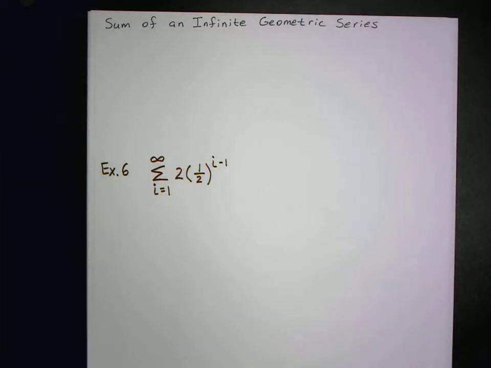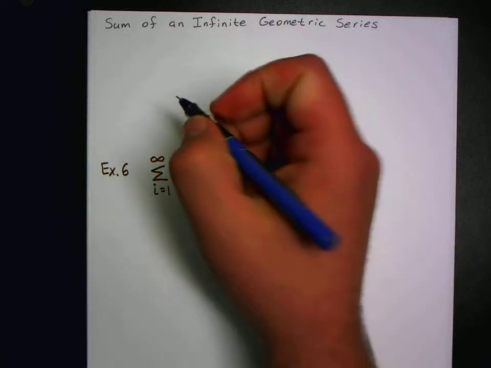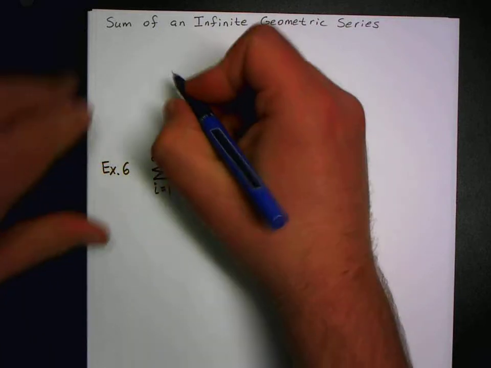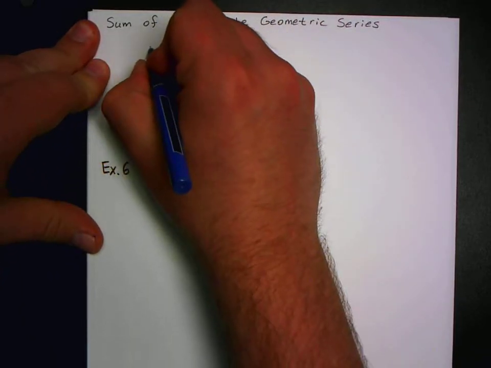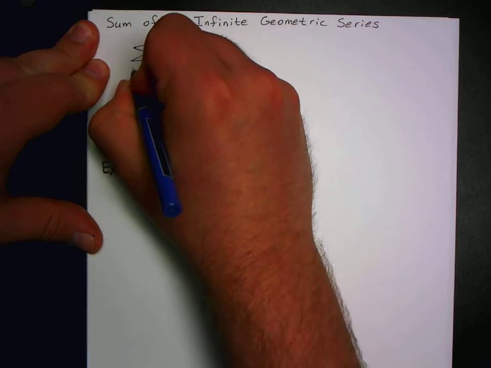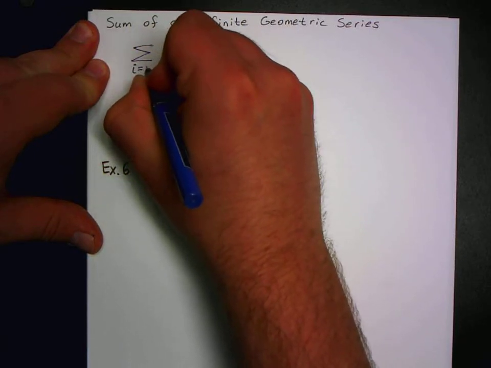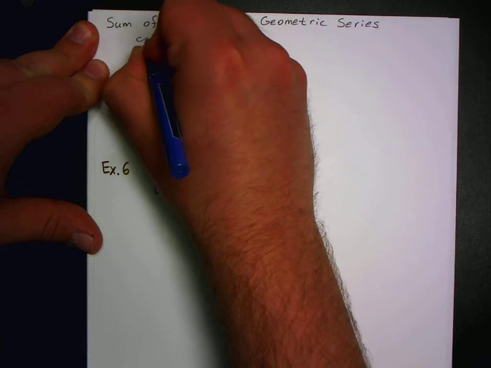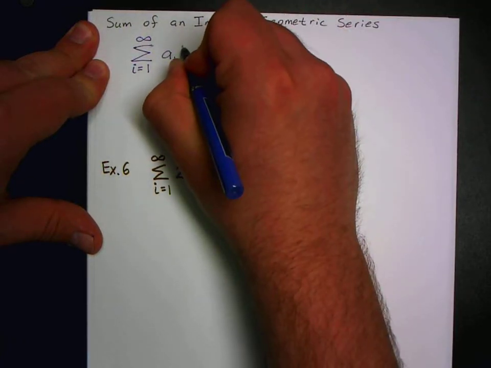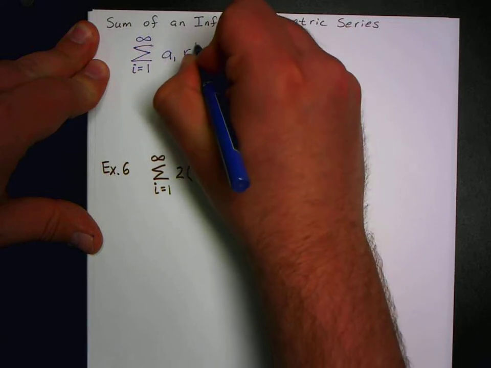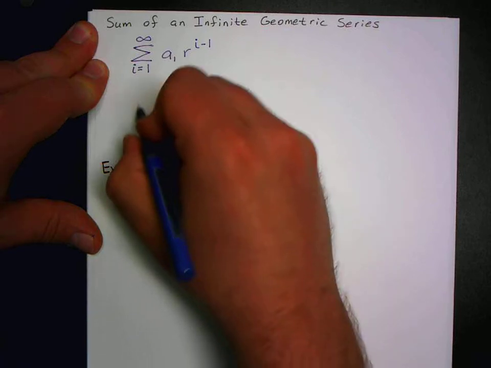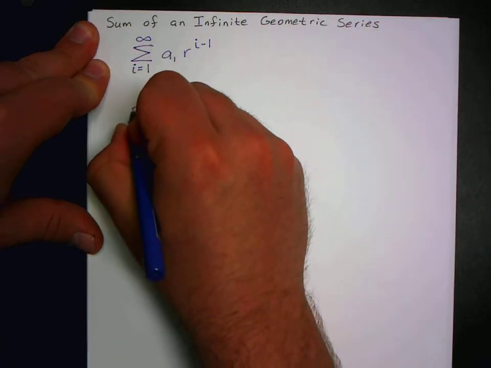So I'm going to give it to you a little bit differently. It really doesn't matter. I can show you the difference. So your formula either needs to look like this, or it needs to look like this.